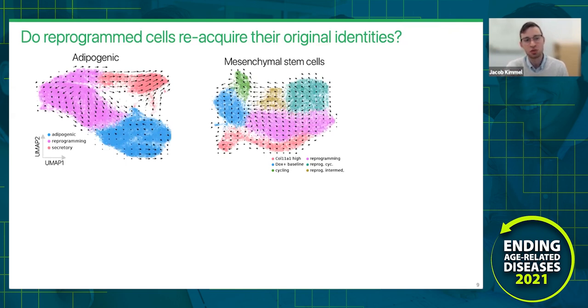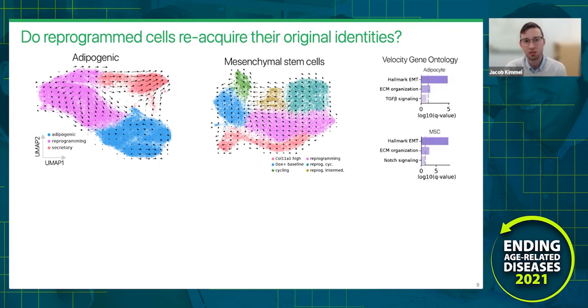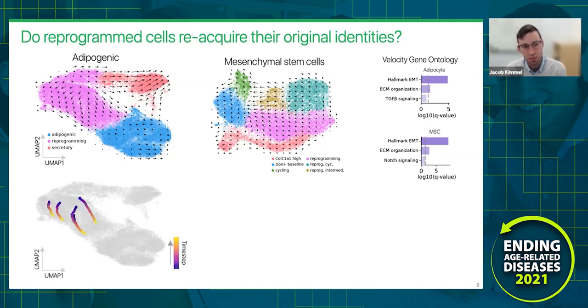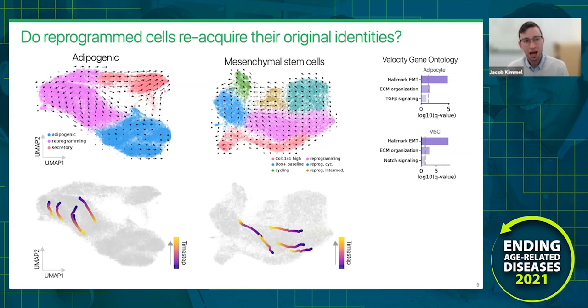And these are nice and interesting results to look at, and we can interrogate which genes underlie those arrows, and we find that these velocity results are suggestive that cells are inverting the MET that occurs with reprogramming, and they're now activating an EMT, so it's suggesting cells are going back to their baseline state. And quantitatively, we can also use phase simulations, a technique from dynamical systems, to test what happens to one of these reprogrammed cells if we simulate its trajectory within this velocity field.